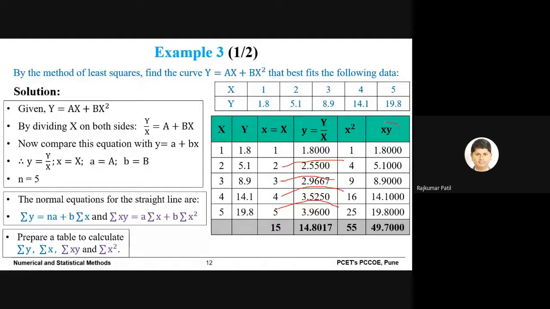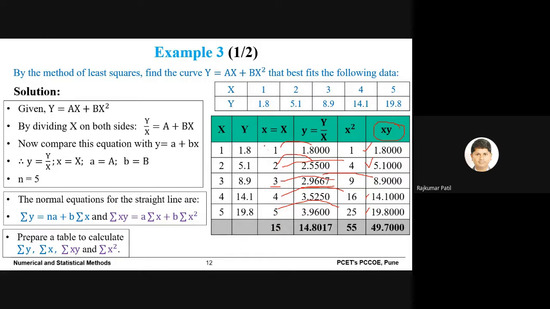Then in the last column, you need to take the product of small x and small y. So 1 into 1.8, you will get 1.8. 2 into 2.55, you will get 5.1. Then 3 into 2.9667, you will get 8.9, and similarly you can calculate the remaining values.